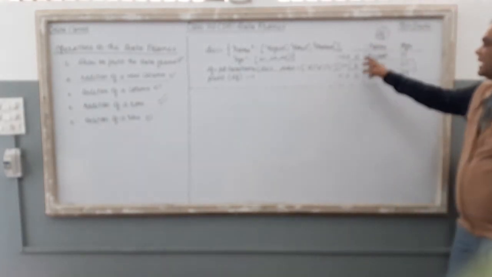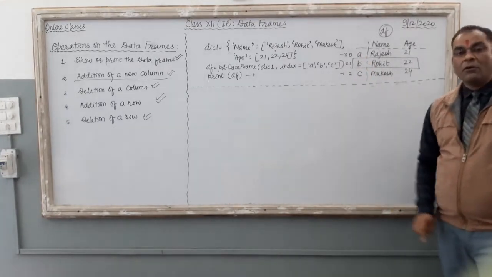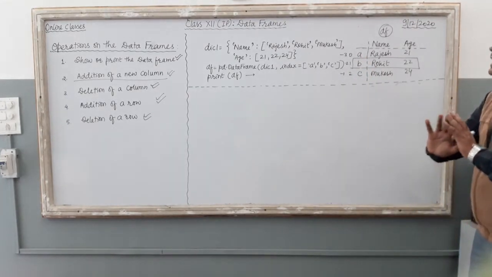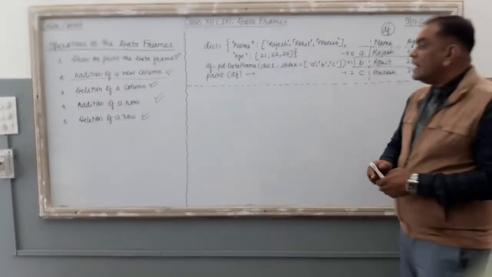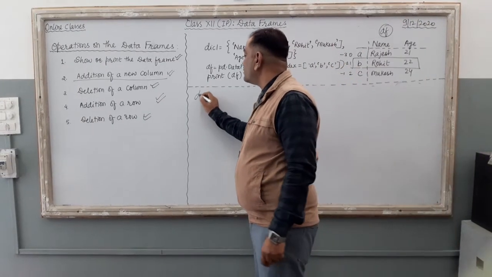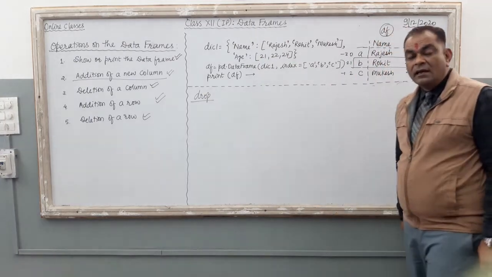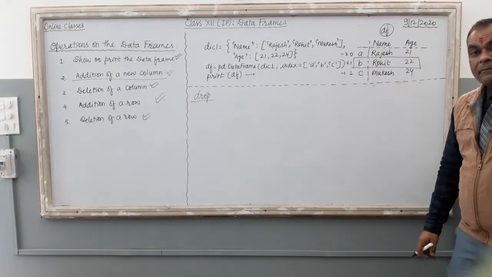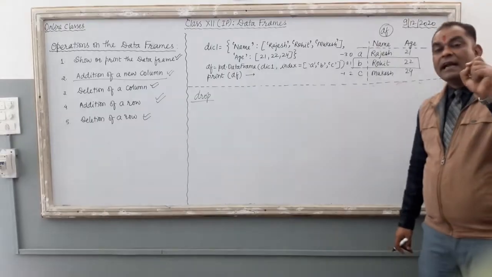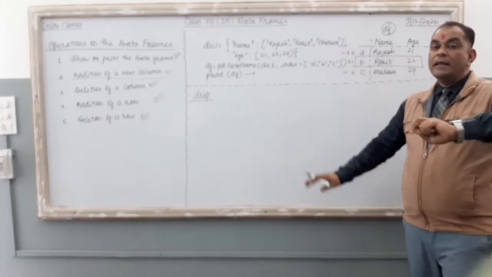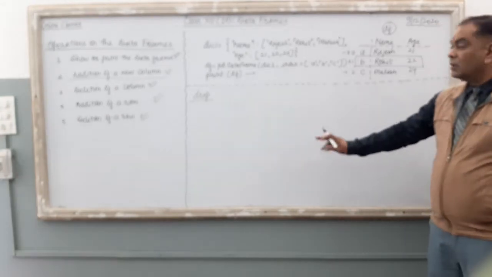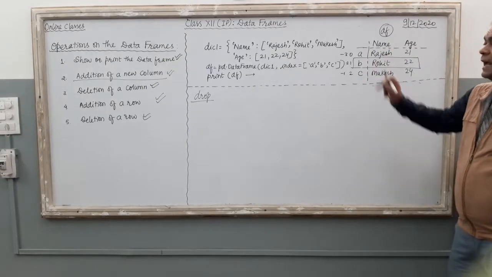For row deletion, we have one function in pandas, that is the drop function. This drop function demands the specific index name from you. The drop function does not work on position; it works on the specific index name.